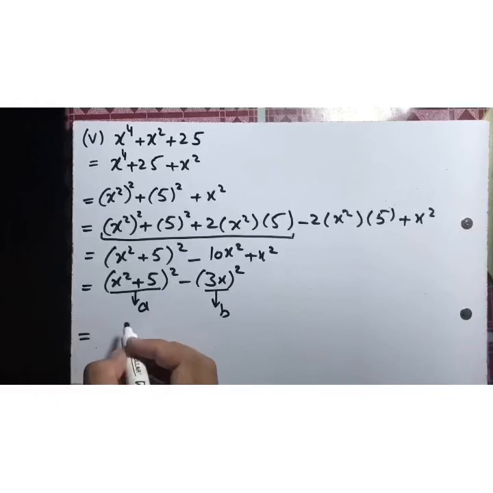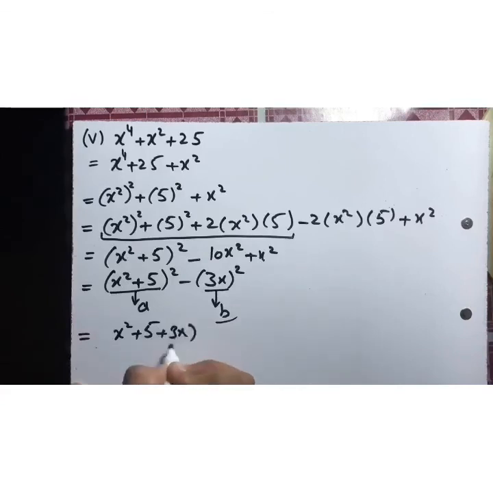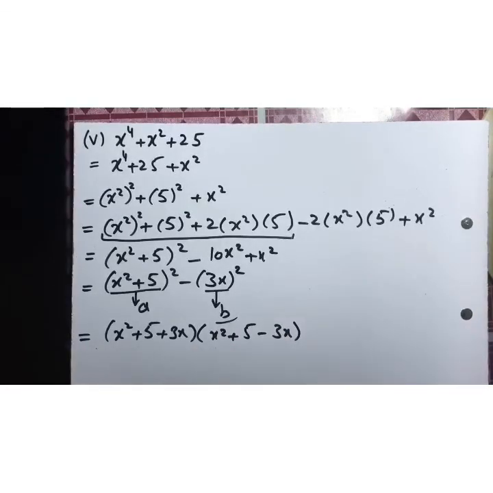Now we open this formula: x square plus 5, one time we write b as a positive, so I write plus 3x, and one time we write it minus, so x square plus 5 minus 3x, and this question is solved. Now we solve question number 2 and 2 parts of question number 2.